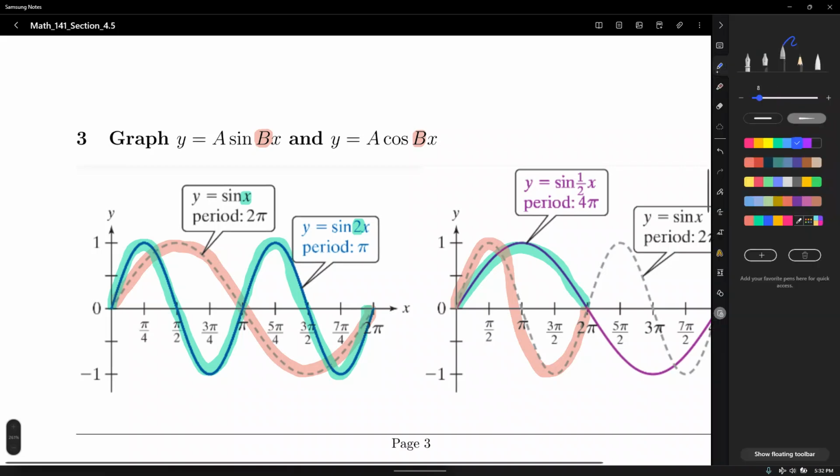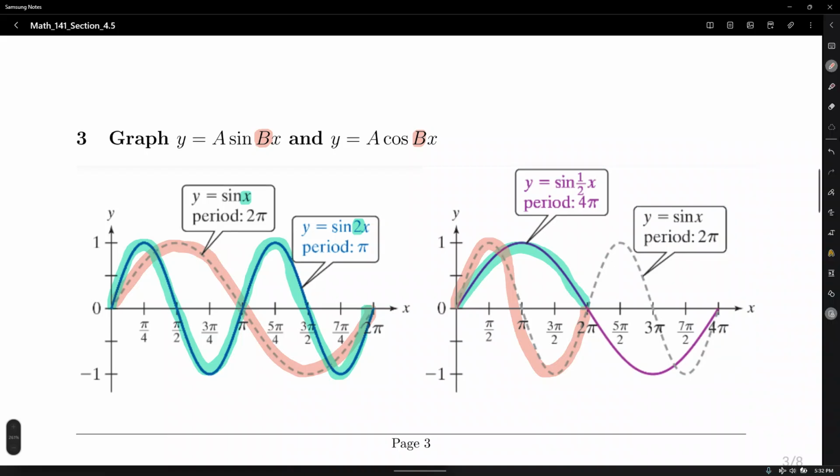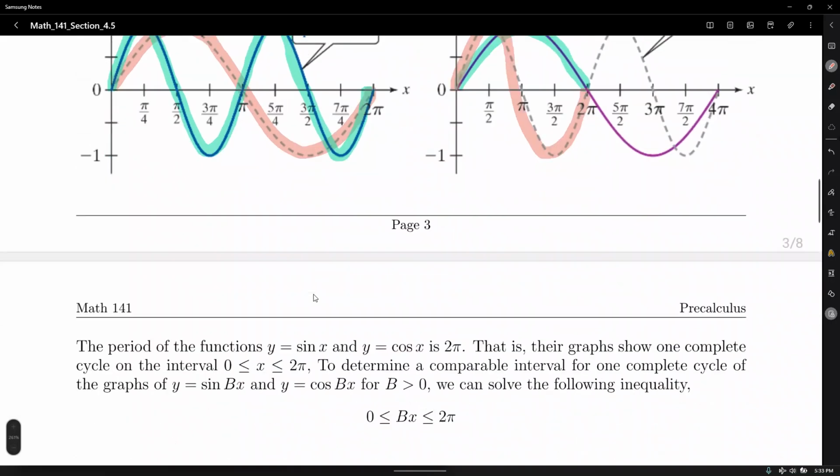However, as you may recall from either college algebra or intermediate algebra, when we are multiplying the x by a number, we are supposed to divide all x coordinates by the number b. All right, that's what this b represents. And of course, we're going to see this in action with the examples.